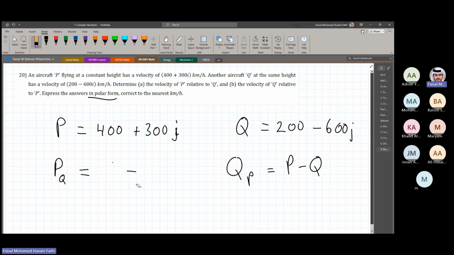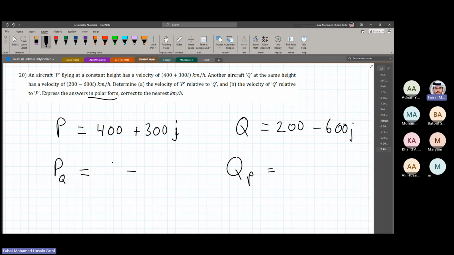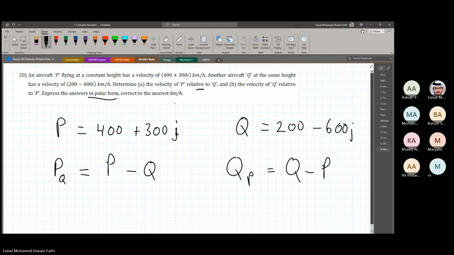So P minus Q here and Q minus P here. That's it. So the velocity of P relative to Q, you simply put a minus. This is part A, this is part B. That's it. And the rest is very straightforward.